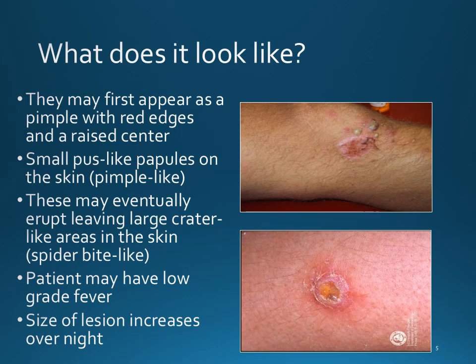Probably all of us have had a pimple that got a little bigger over time, but eventually it went away. This gets huge overnight. You go from like a pimple to something like not even quarter size, like golf ball size, baseball size, softball size. So it explodes in size overnight. That's the hallmark sign here.